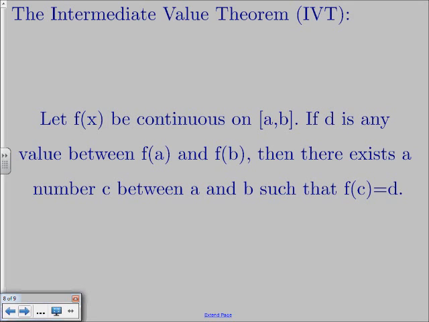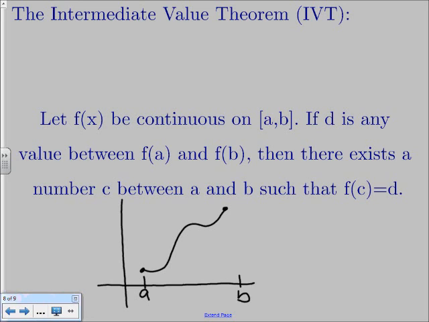So what does that mean? We can draw a picture real fast. Say we had a function like this. So we'll have a being down here, b being down here, and over here is going to be f of a, and up here is going to be f of b. All the intermediate value theorem says is that if I pick a number on the y-axis, say a number right here, we'll label that as d.